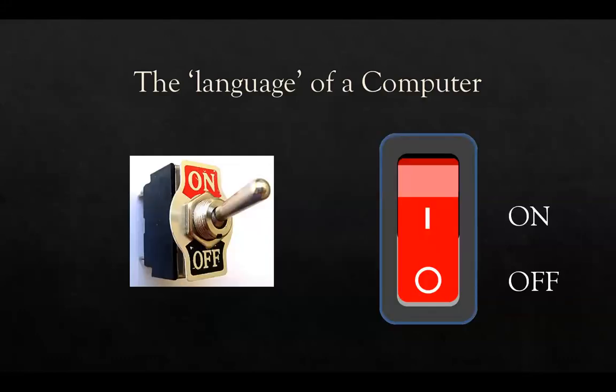Computers are electrical by nature, and electricity is based on something being on or off. Computer scientists represent the concept of 1 or 0. 1 equates to on, off equates to 0.